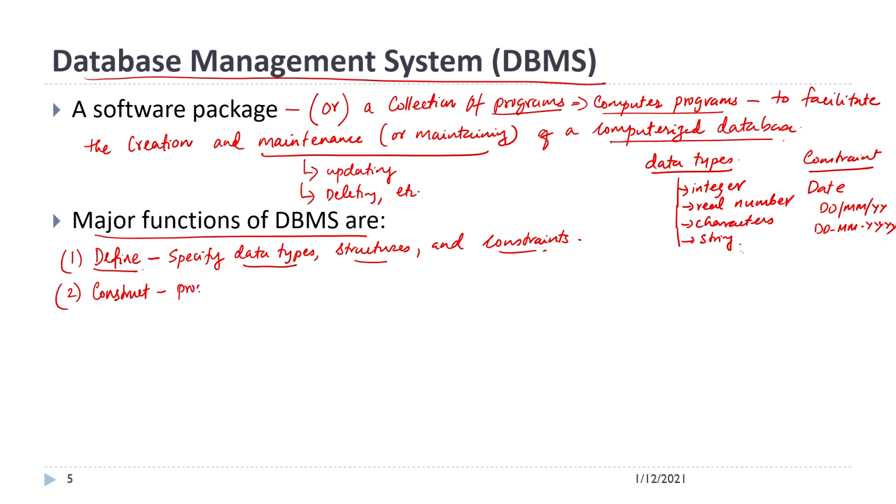It is the process of storing data, also called loading the database. When we say construct the database, it also means loading the database with data. That is the second part. And the third part is manipulate.